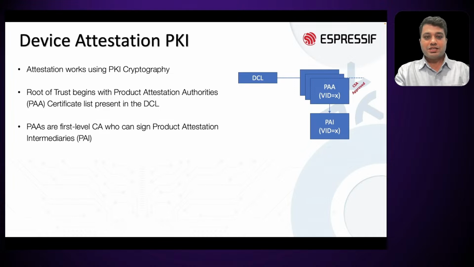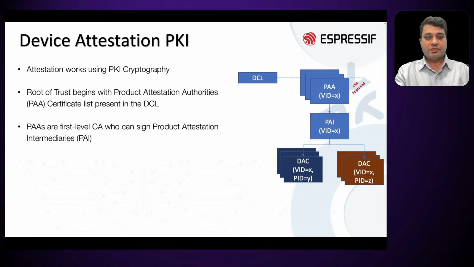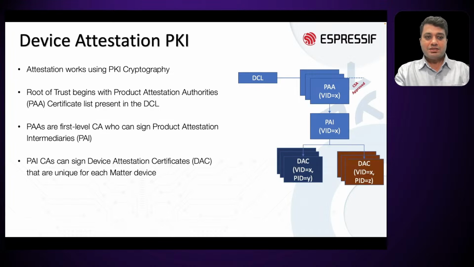The product attestation intermediaries are essentially the second level signing authorities. The PAIs sign the device attestation certificates, which are short form as DAC. So DACs are the unique certificates that are present in each Matter device.